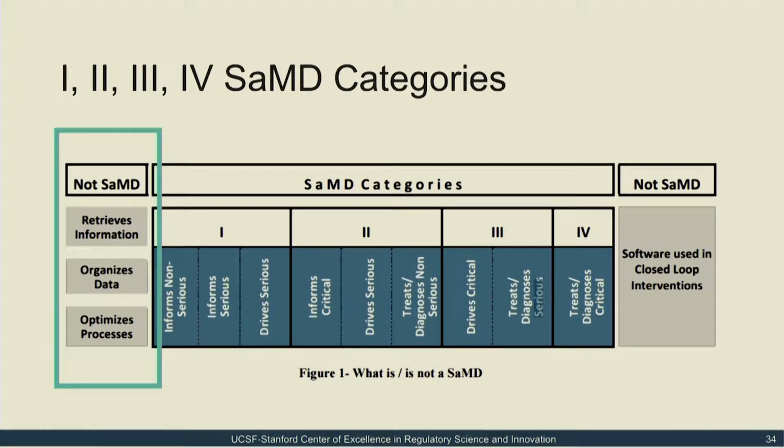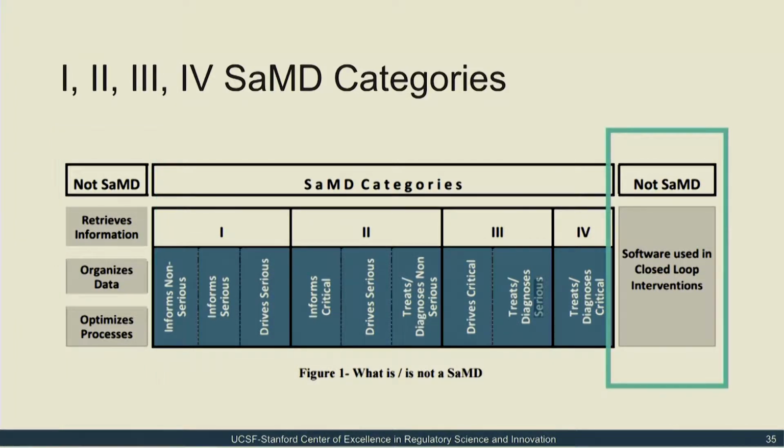It optimizes processes, but not with a medical intended use. Also, software used in closed-loop controls as required by hardware medical device to perform the hardware's medical device intended use is not software as medical device, even if sold separately from the hardware medical device.